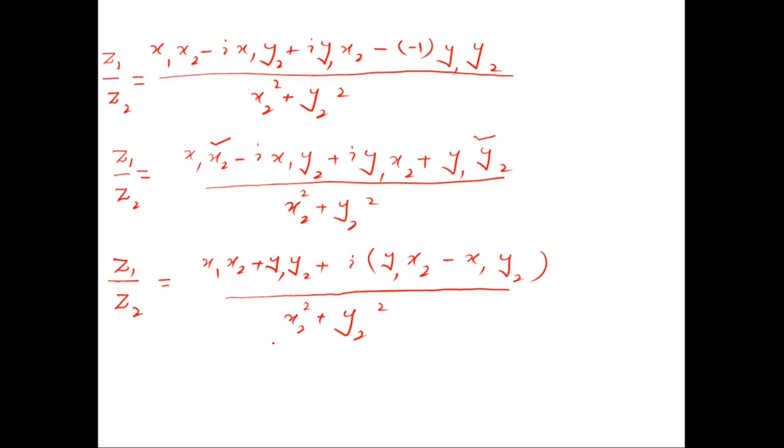Taking the conjugate of z1 divided by z2: x1 x2 plus y1 y2, divided by x2 square plus y2 square.